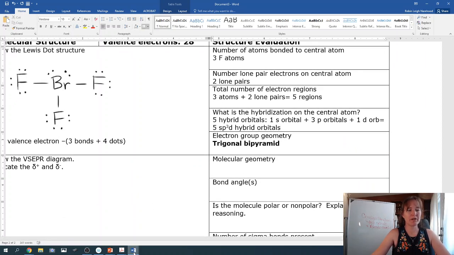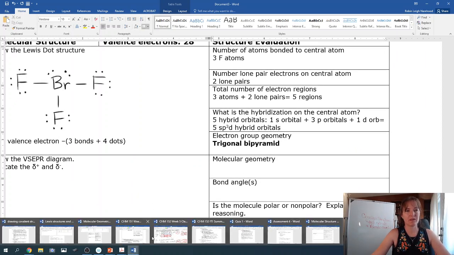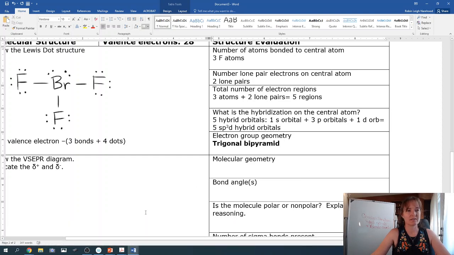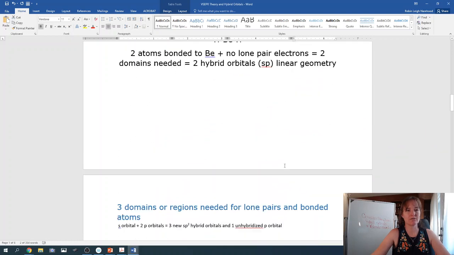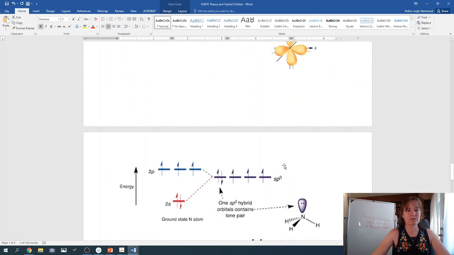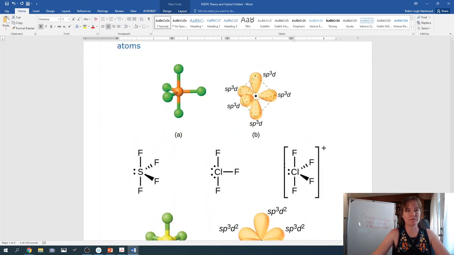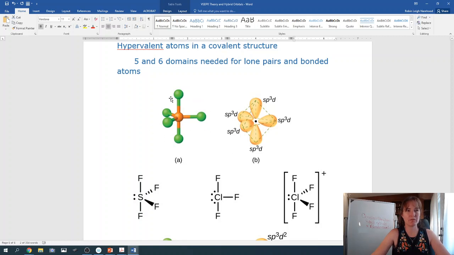A trigonal bipyramid shape is a little bit complicated. So let's go down to the geometry here. Here is the trigonal bipyramid geometry. But for this molecule, only 3 of these spaces are for atoms and 2 of the spaces are for lone pairs.